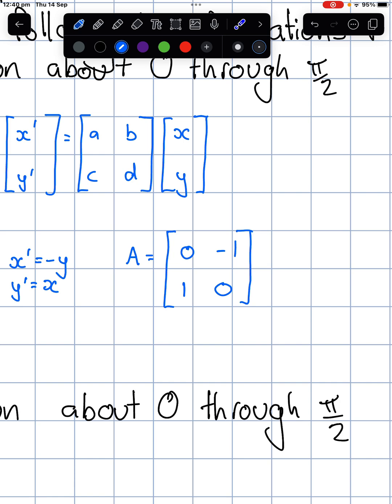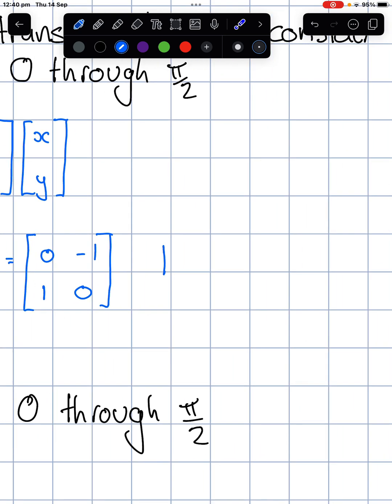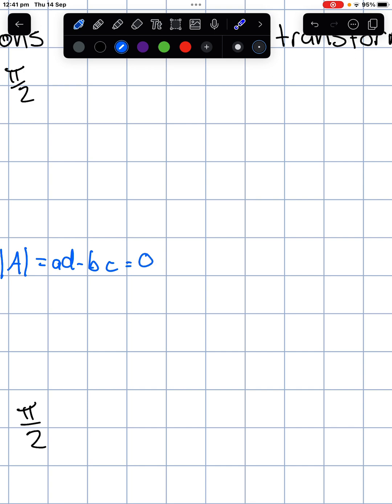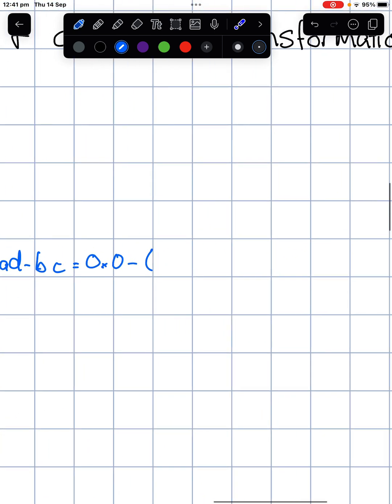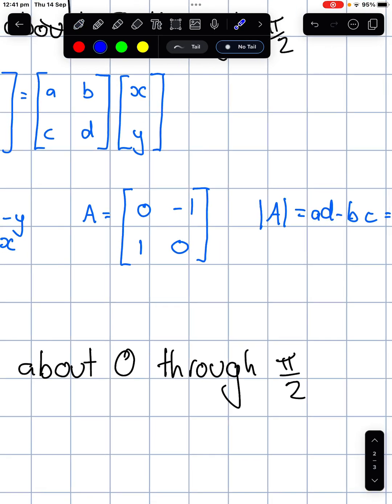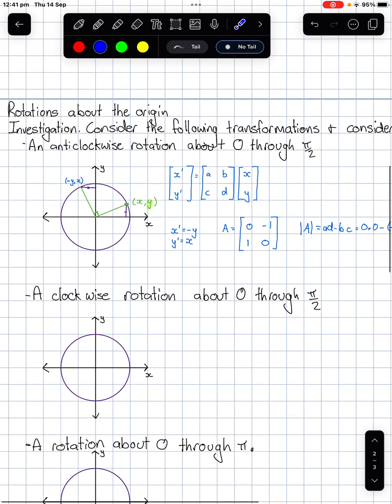The determinant of A is ad minus bc, which equals 0 times 0 minus negative 1 times 1. We get a determinant of positive 1. That determinant becomes really vital later. So that's our first one done.